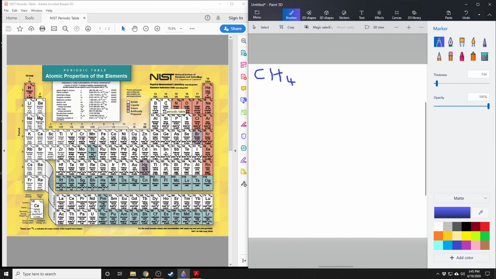So, carbon is in group 4. That means carbon has 4 valence electrons. My goodness, I am very, very bad at writing with this. But that's okay. You can tell that's 4 because I said it was 4. All right, now, hydrogen is in group 1. And so that means hydrogen has 1 valence electron per hydrogen atom. But remember, this number right here, CH4, that 4 means that there are 4 hydrogens.